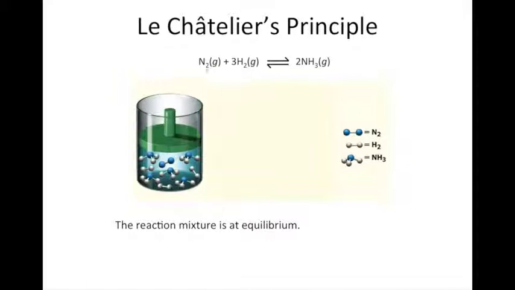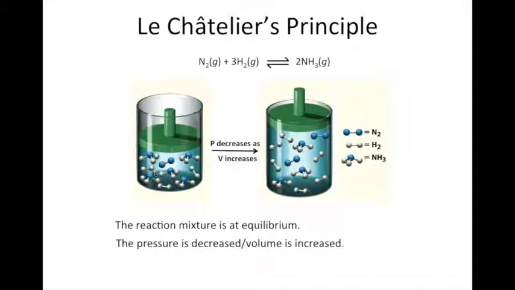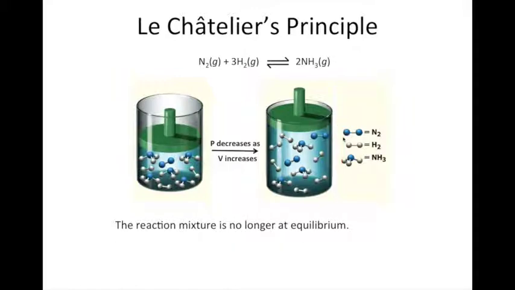Using the same reaction, we have our reaction at equilibrium, and let's say we disturb our equilibrium by decreasing the pressure, which results in an increase in the volume. Well, if we do that, our reaction is no longer at equilibrium.